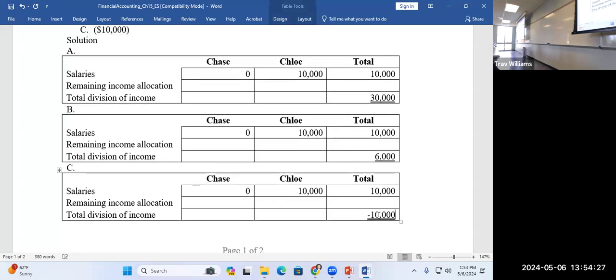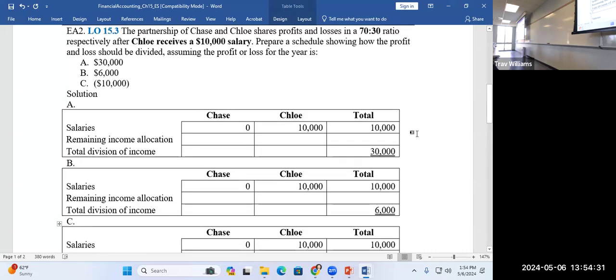Okay. You start off with the salaries, then you put the total profit or loss in the bottom right corner. The next step is you have to say, okay, if there was $30,000 that was earned and 10,000 went to salaries, that leaves 20,000 remaining.